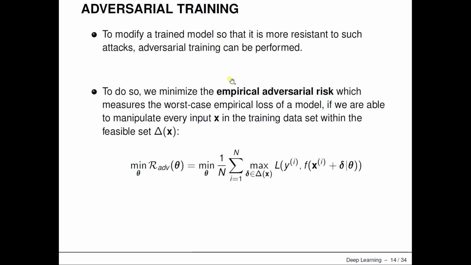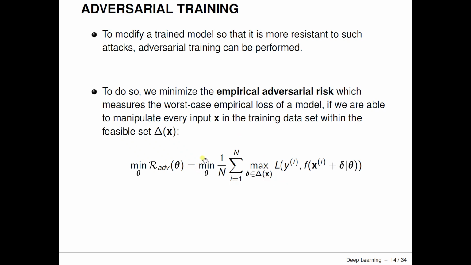Adversarial training. Adversarial training is a protection technique that allows us to make models more robust to adversarial attacks, meaning showing them adversarial examples that lead them to fail in the prediction. For this, we minimize loss on the adversarially perturbed training samples such that we minimize the maximally possible loss when inputs are perturbed.